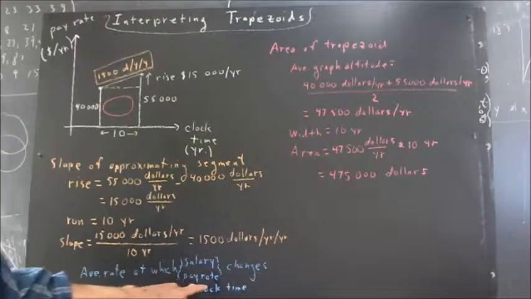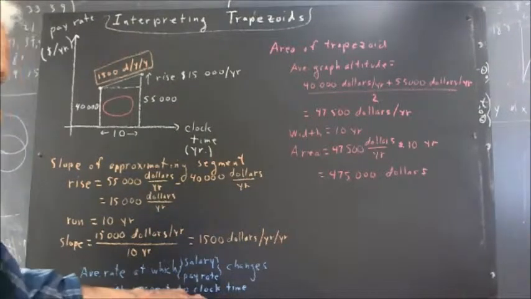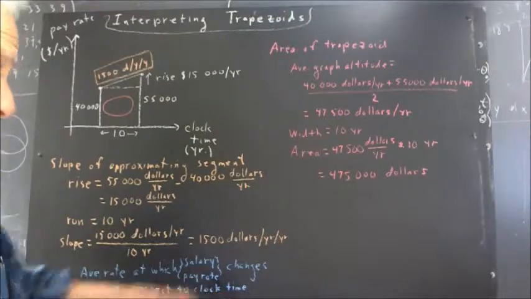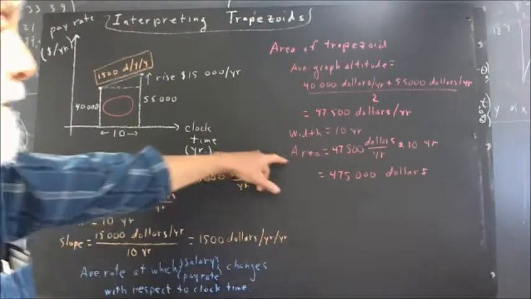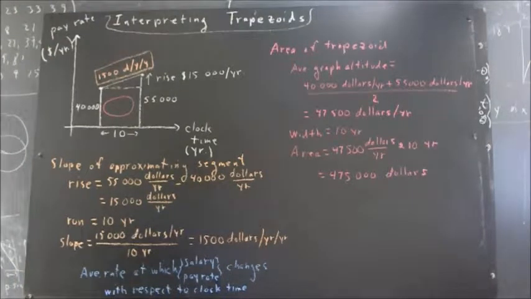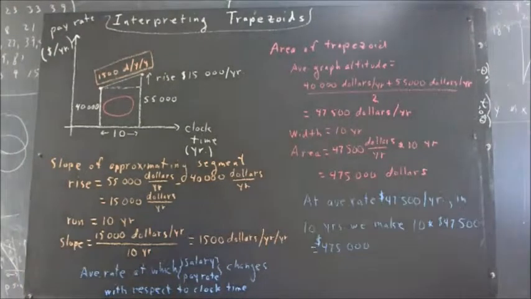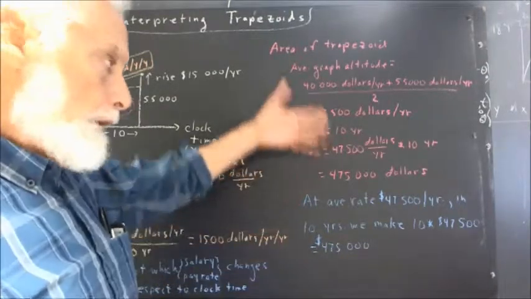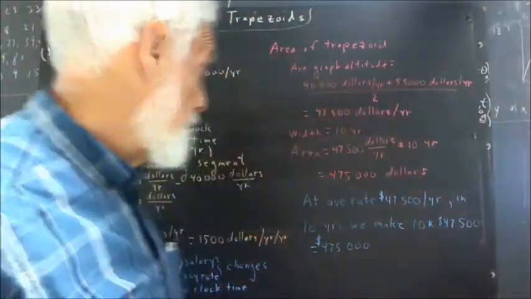Okay, just made a couple of slight changes. The word rate wasn't very clear there, and I should have said clock time instead of just time here. Now, the question is, what does the area mean? That's a fairly straightforward interpretation. You should think about that. Well, intuitively, the meaning of this is pretty clear.